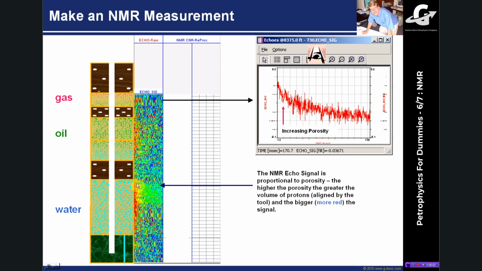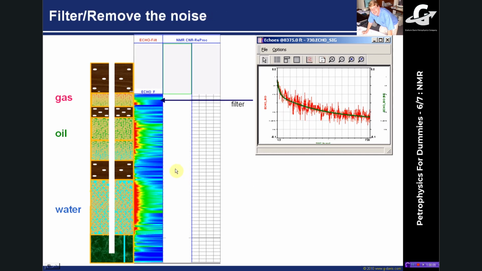Now, as we play some games with the tool, we let that signal decay away, and it gets less from left to right. And what I've done here is I've applied a heavy filter just to make it a little bit easier for you to see what's going on. So this is an extremely heavy filter, and it's just done for visual inspection purposes.